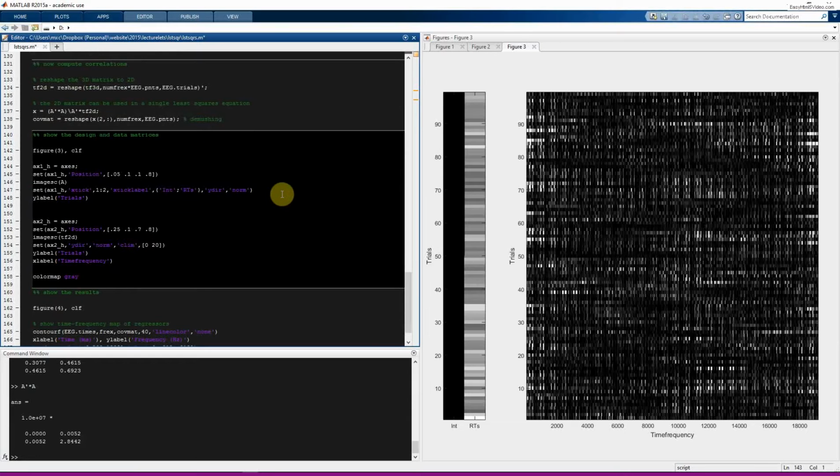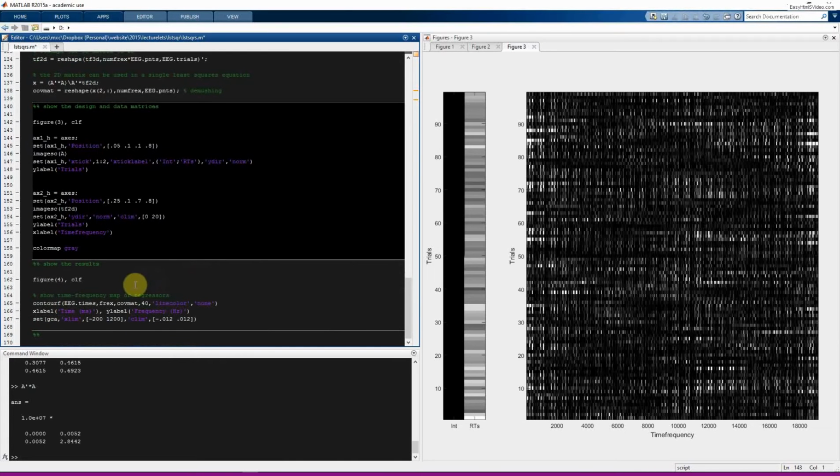All right, so now you must be very excited to see what the results look like. Let's see, where are we? So we need to convert these back. So this is a 2 by 19,200 matrix. The first dimension corresponds to the parameters, the beta coefficients for our independent variables. And the first one is the intercept, and the second one is the RT, and it's the RT that we really care about.